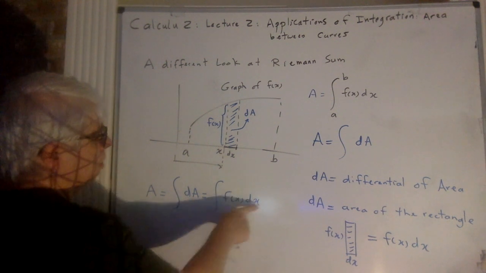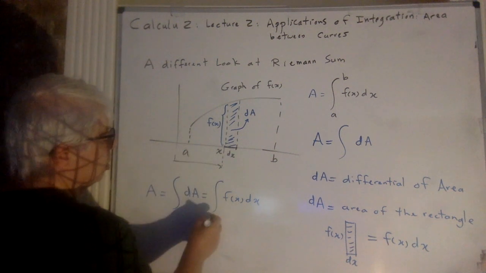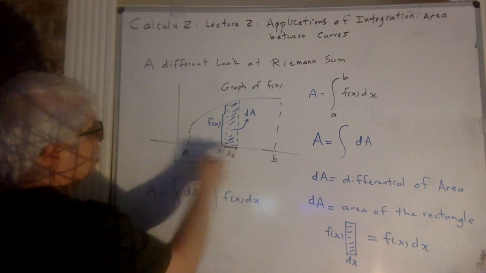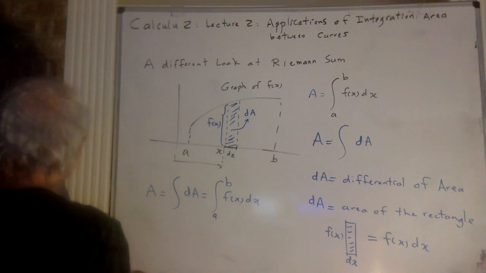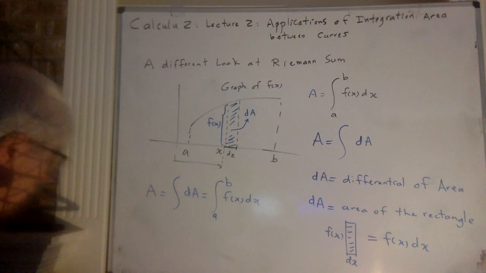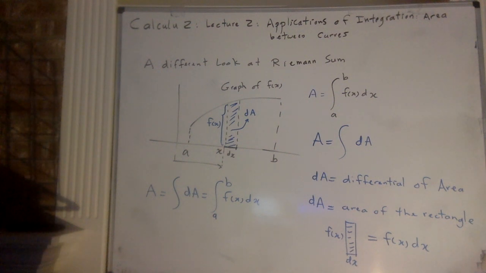Then I look at the variable here. The variable is x, so this integral is over x. Then I look at these two, and so this is from a to b.